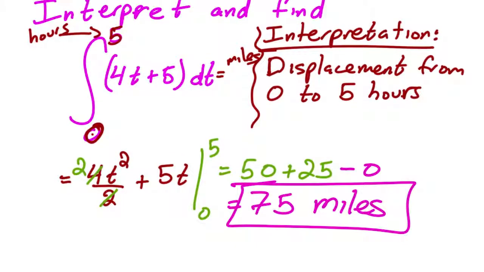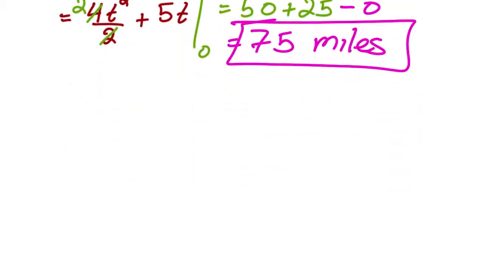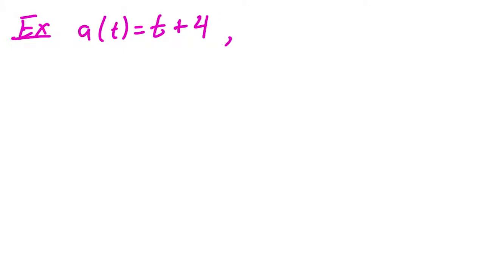Okay, so let's do another example. Let's say we know the acceleration of a particle. I don't know, a car, a bee, a turtle, whatever you feel like, is t plus 4. And let's say that we know that the velocity at time equals 0 is equal to 5.